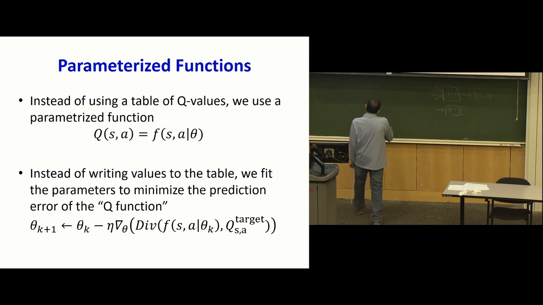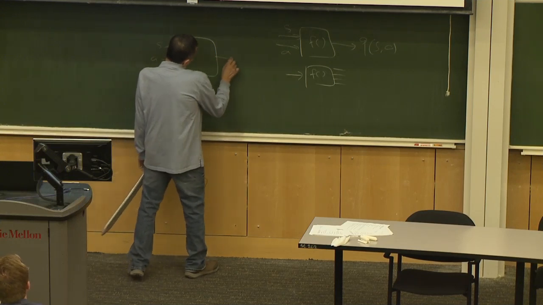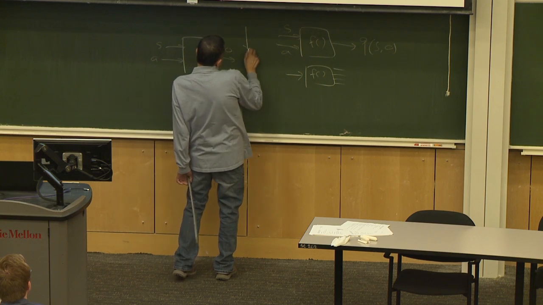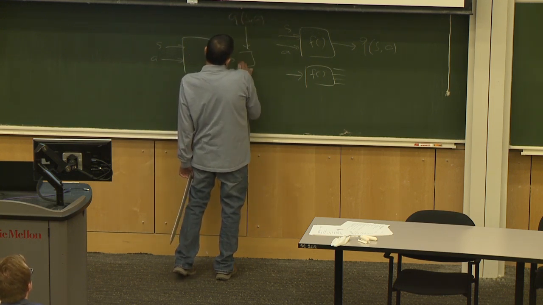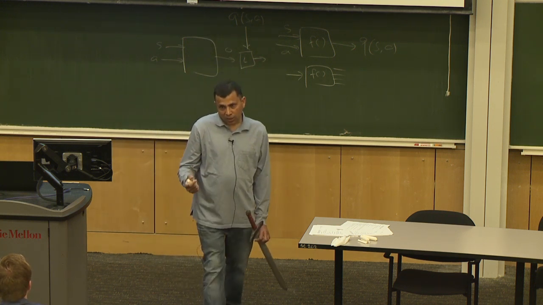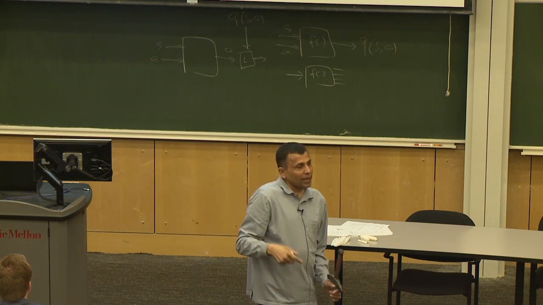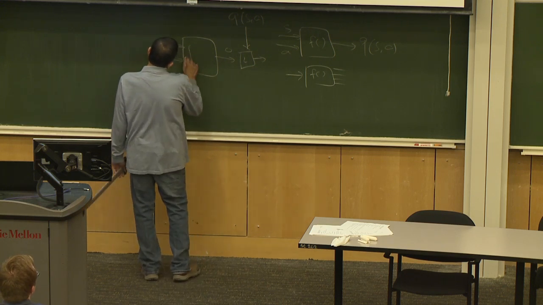Now the way I will learn the parameters of this function, I can give it states and actions. It's going to give me some output O. I have the actual state action value for that state action combination. I can define a loss between the two, and I can learn the parameter theta to minimize this loss.